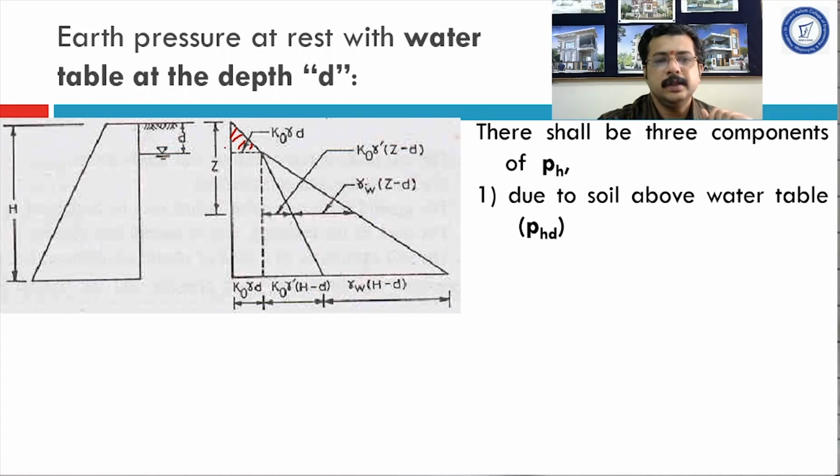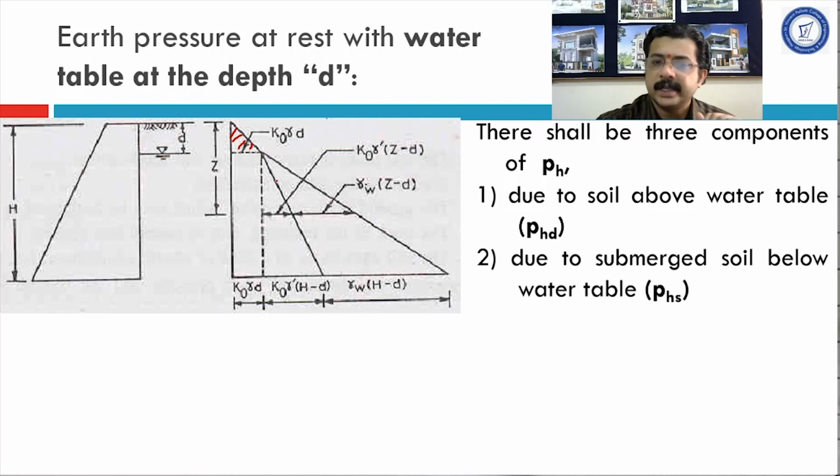This portion will be the dry portion. So that dry portion will exert some pressure. That will be the first component. Second component, horizontal pressure due to the submerged unit weight of the soil. The submerged condition would occur below this water table. Hence, this much pressure would be exerted by the submerged unit weight of the soil.